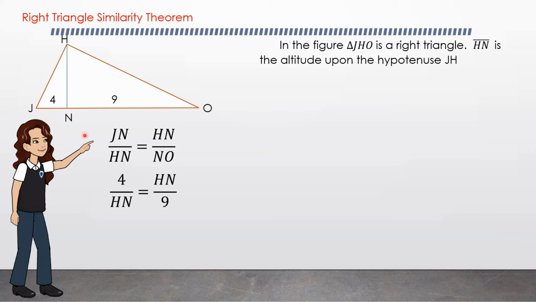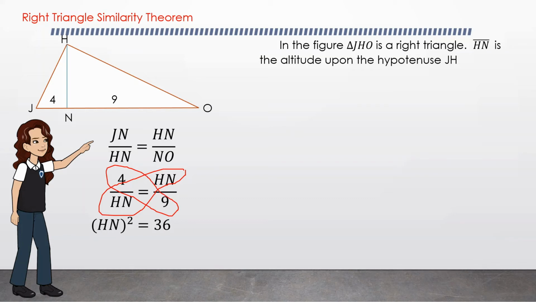JN is 4 over HN, because HN is the missing part, is equal to HN again over 9. NO is 9. Okay, let's get the cross product. HN times HN is HN squared, equal to 36. 4 times 9 is 36.